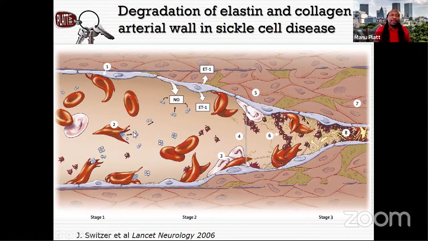Well, in sickle cell, when those red blood cells break open, they release the hemoglobin and the heme groups, and the hemoglobin actually scavenges nitric oxide. So the nitric oxide is no longer able to cause vasodilation of the smooth muscle cells. Plus, the heme group generates reactive oxygen species, which we know are bad in the cardiovascular world. And then there are all of these things that put this artery wall at a disadvantage in sickle cell.